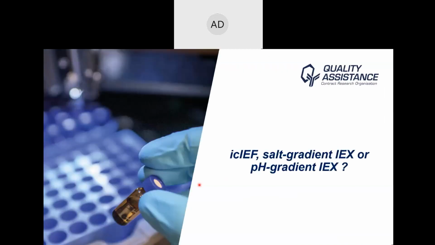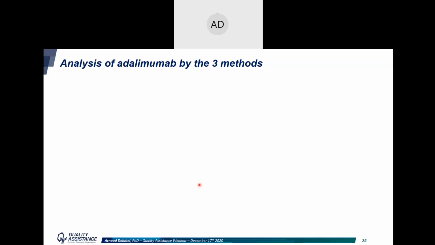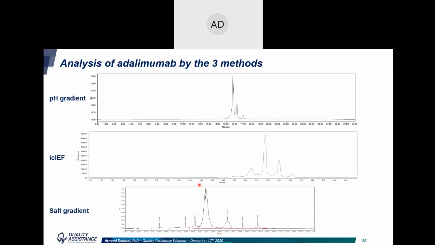So a question, when you have all those techniques, icIEF, salt gradient IEX, or pH gradient IEX, which one should you choose when you have to analyze your monoclonal antibody? So I have compared here the analysis of adalimumab with the three methods that I have shown before, the pH gradient, icIEF, and salt gradient. So you see that pH gradient is the method that probably leads to the lower resolution, and icIEF and salt gradients give comparable resolution.